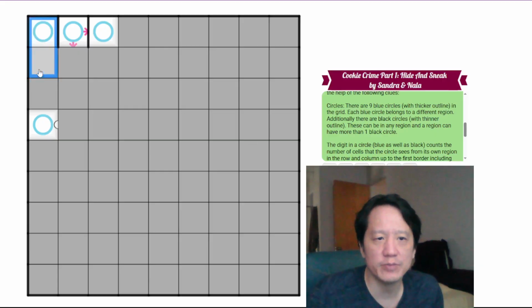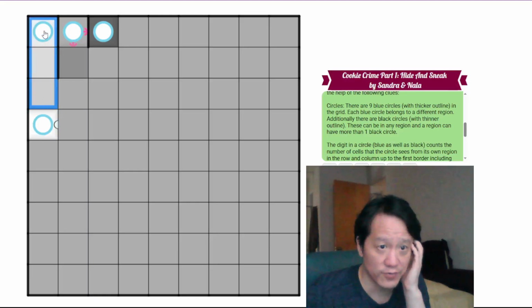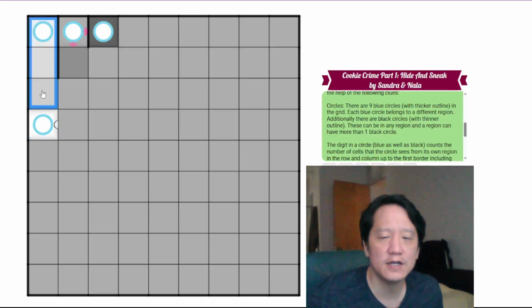So this we're going to make light, this will make medium, and this will make dark here. Well, light, that means since this has to go down here, light has to go here. That means light has to go this way, because this is a separate region from this, because, again, each circle is in a different region.